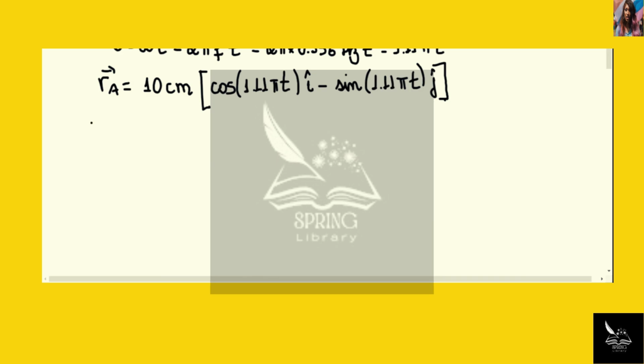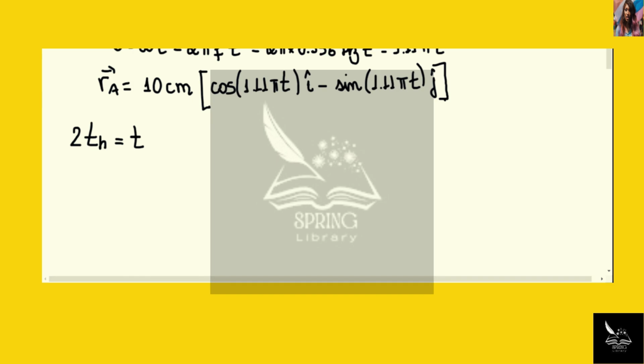So let th be the time it takes for the flea to reach its maximum height. So we have that the time t is equal to 2 th. So let's calculate what th is.